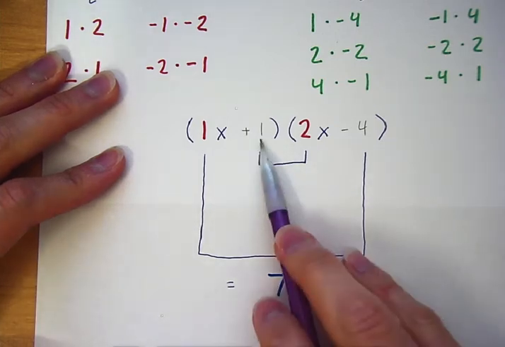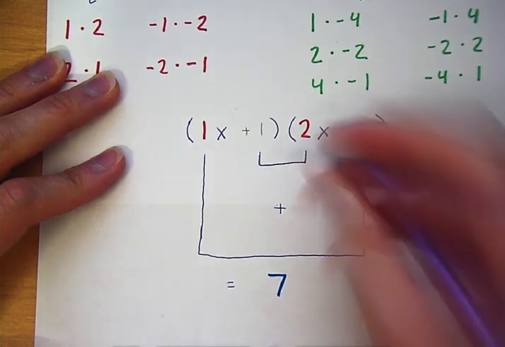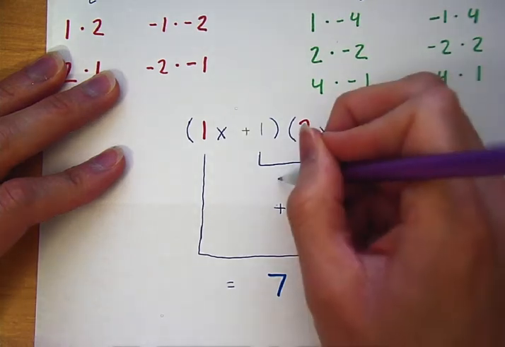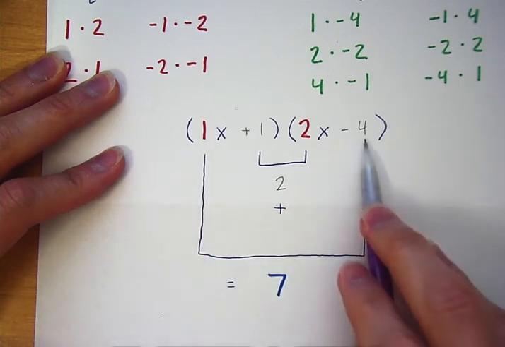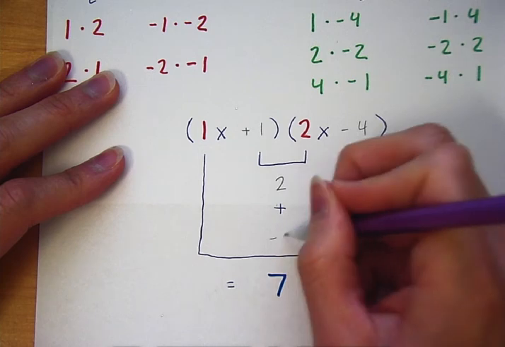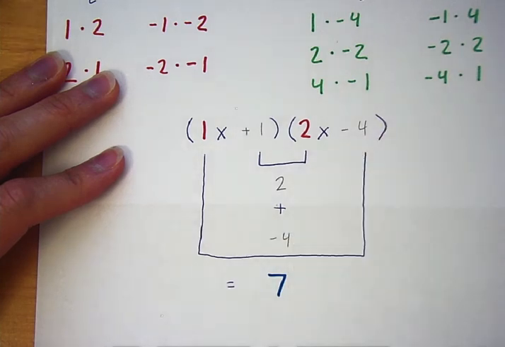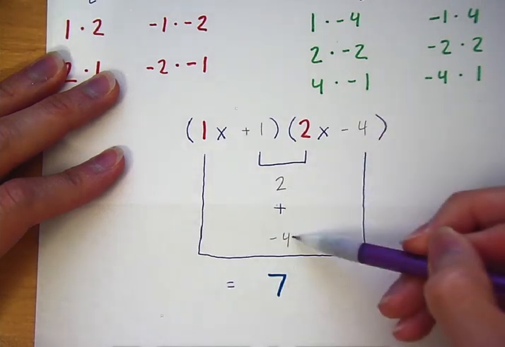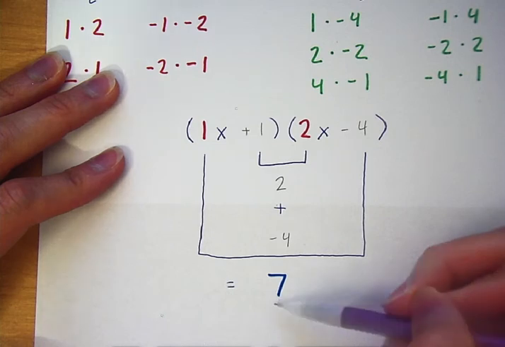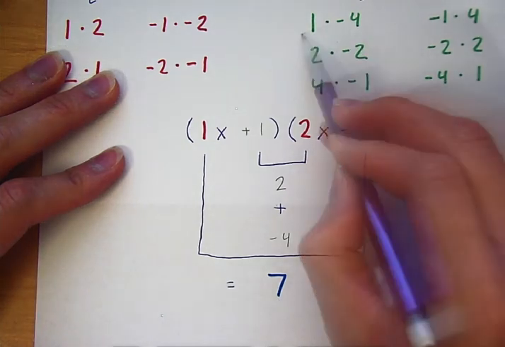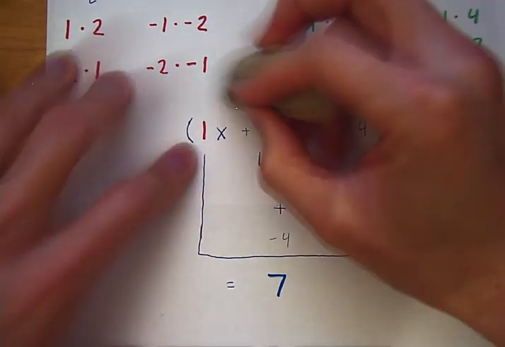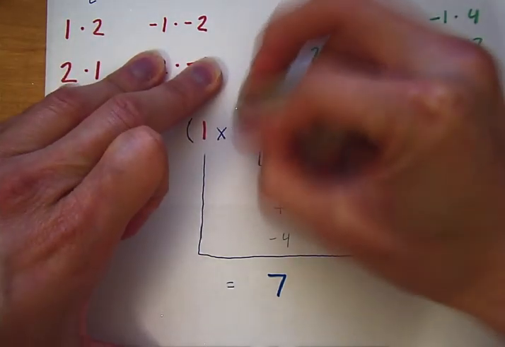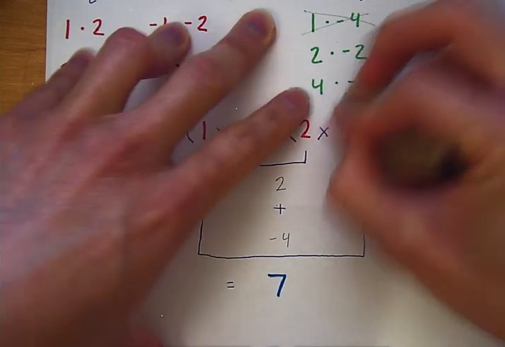So +1 times 2 is 2. +1 times -4 is -4. 2 plus -4, does that equal 7? No. So this does not work. Erase, try the next one.